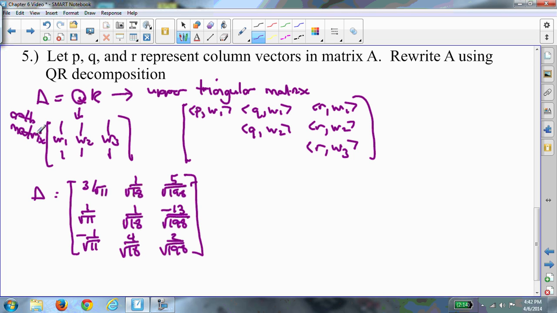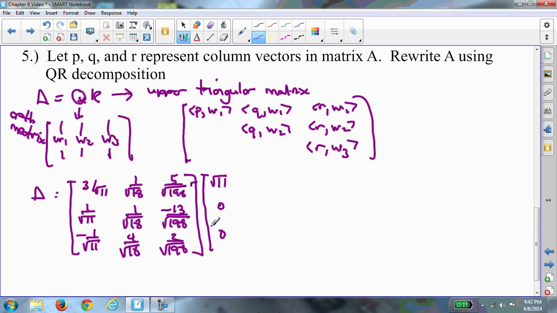Now R is basically P times W1. If I take P times W1, I get 3 over root 11 plus 1 over root 11 plus 1 over root 11, with 9 over root 11 plus that, so that would be 11 over root 11. So this would equal square root of 11. These are actually 0. And if you took P inner product with W2, you would end up with 3 plus 1 minus 4, which actually does come out to be 0.